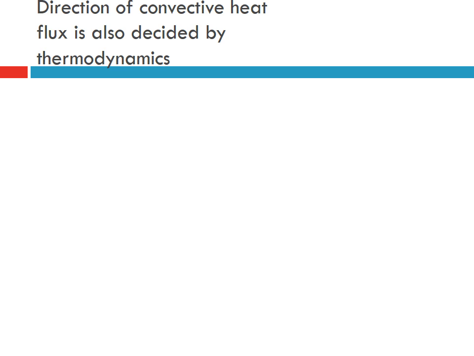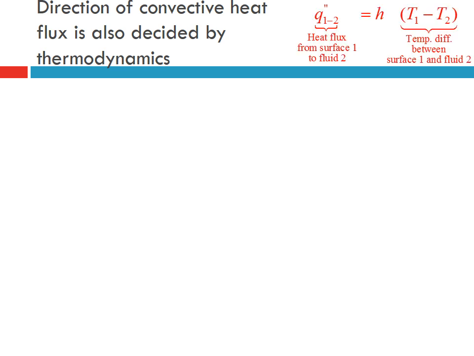Now let's get back to the direction of this heat flux in case of convection. So this formula that we wrote, Q double prime 1 to 2 is equal to h times (T1 minus T2), the temperature difference between surface and fluid.